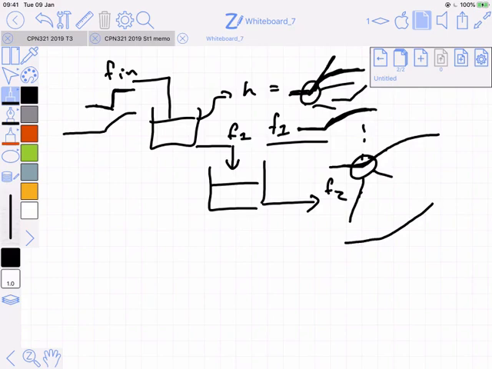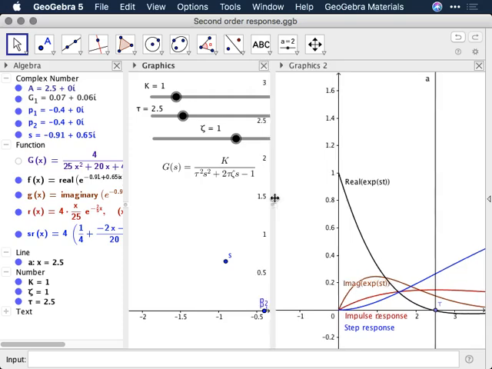So we can predict that the second order response will have the sigmoidal shape, the smooth shape that doesn't have a discontinuity in the derivative. This response for two first order systems in series with the same time constant is what effectively results when I have a damping coefficient of 1.